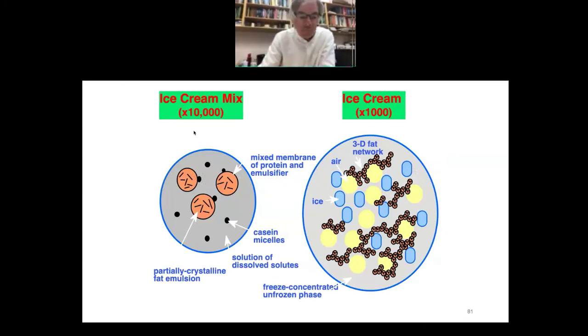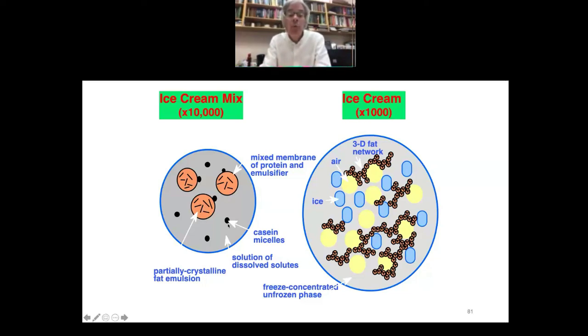Now, ice cream, and again, when I talk about ice cream, I could refer to products made with milk fat or to frozen desserts made with non-dairy fats, but all of the same principles apply. So if you look at an ice cream mix over here, we've got our fat droplets. They are partially crystalline because we've cooled them and held them cold for sufficient time to allow those crystals to form.